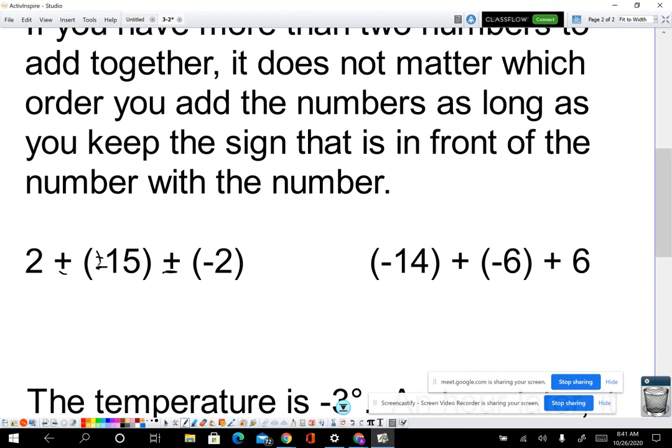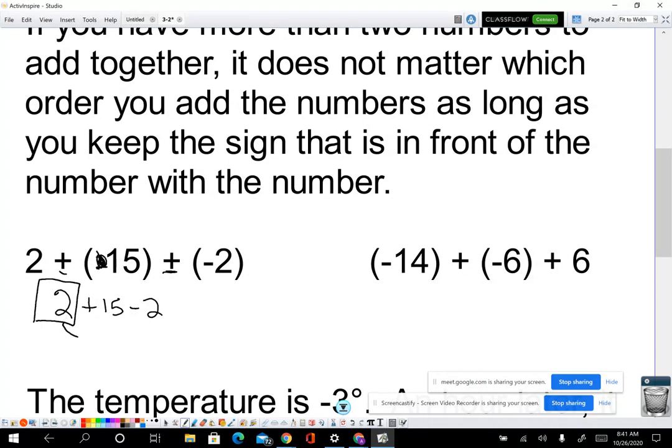I could very easily write this as 2 plus 15 minus 2. That could be another way to write that equation, and just eliminate that plus sign and take the plus the -2 and make it a subtraction. Doesn't matter which way you do it. What you're going to be interested in doing is keeping the signs together.